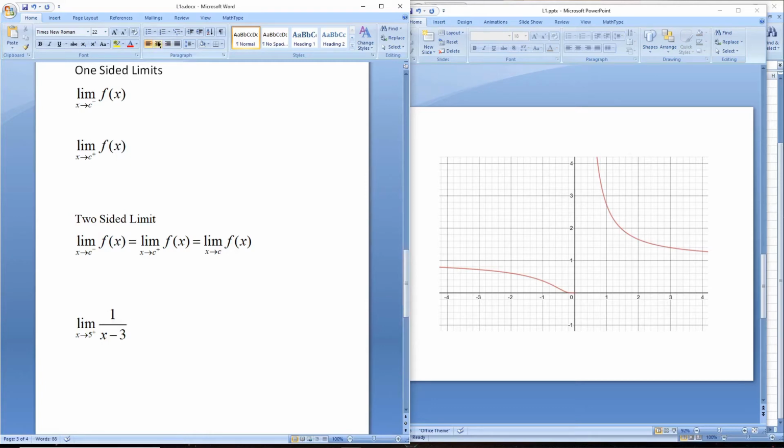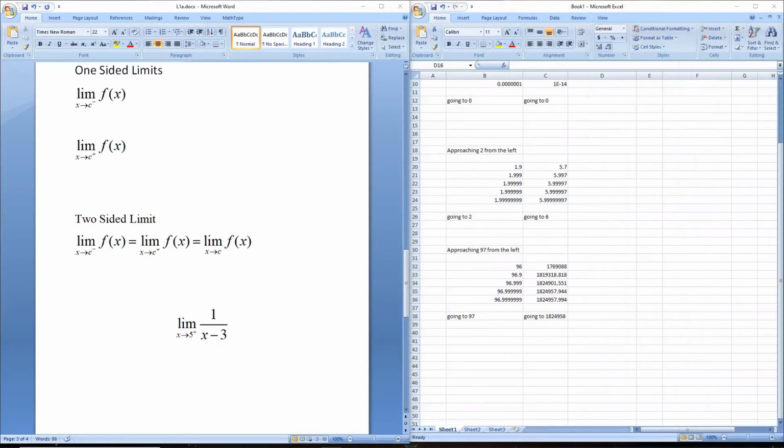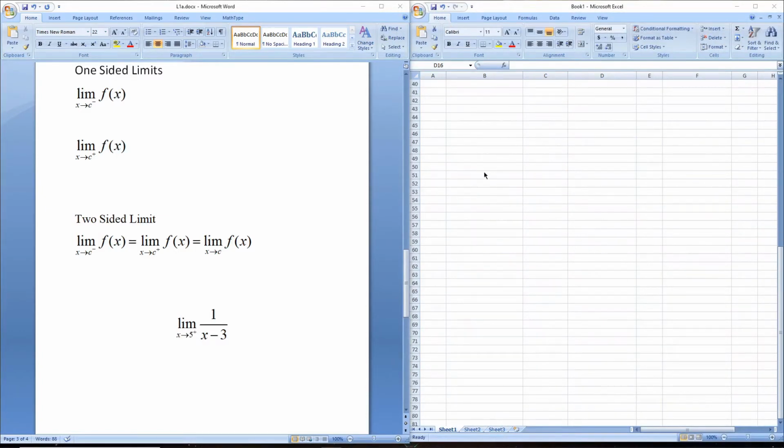So let's check out. We want to know the limit of 1 over x minus 3 as we approach 5 from the right. So let's choose numbers that would express the idea of getting infinitesimally close to 5 from the right.